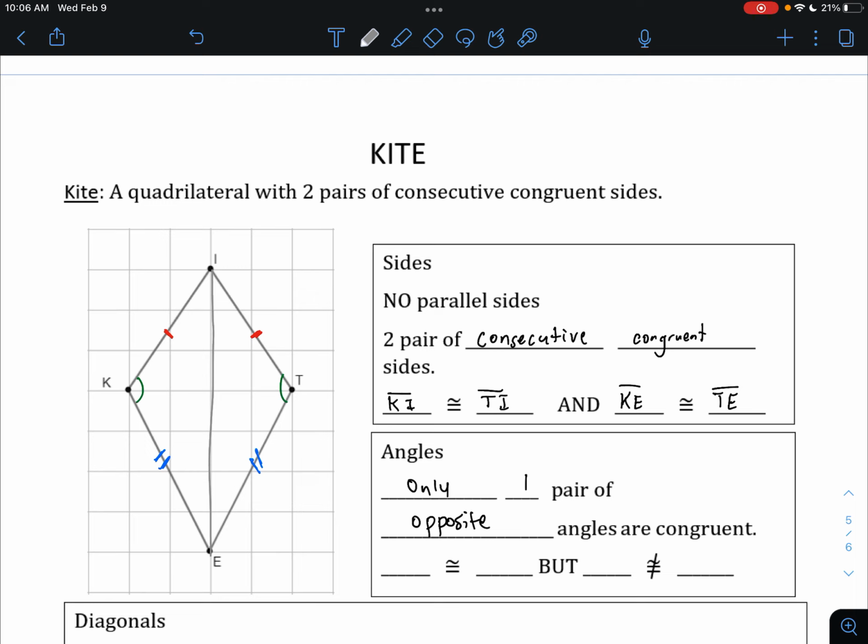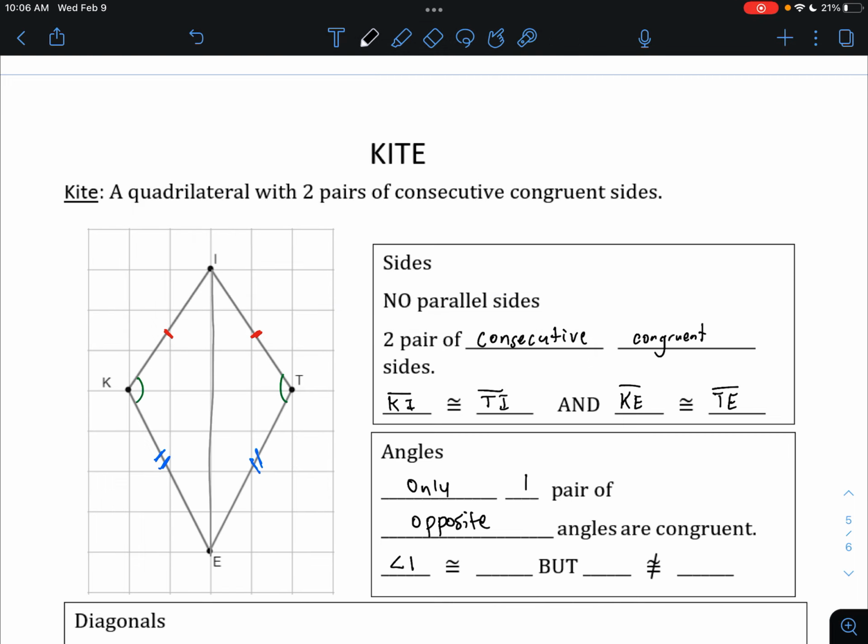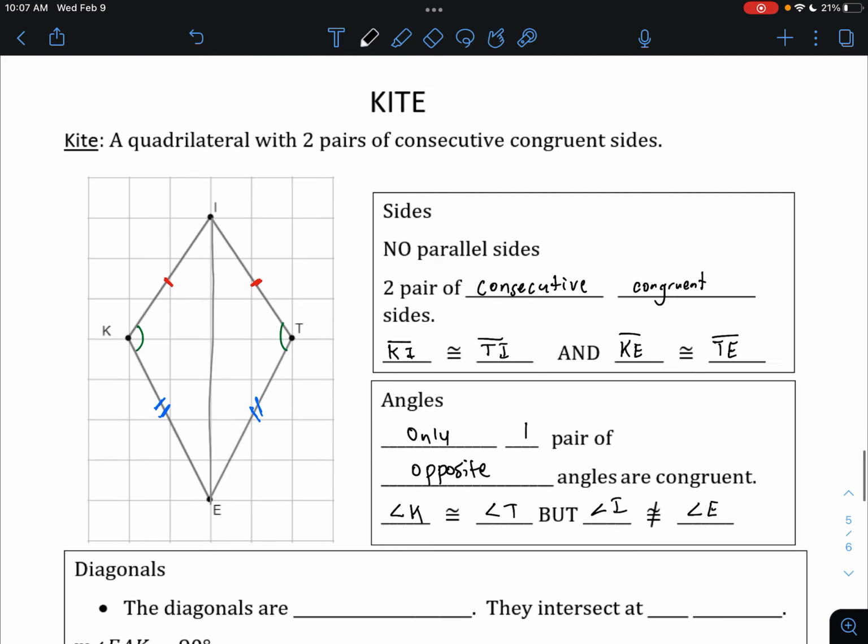And we know that angles I and E are not the same. They are not congruent. So angle K is congruent to angle T, but angle I is not congruent to angle E. Probably the easiest way that I would say to remember that is that the angles between the two sides that are different, those are the same.